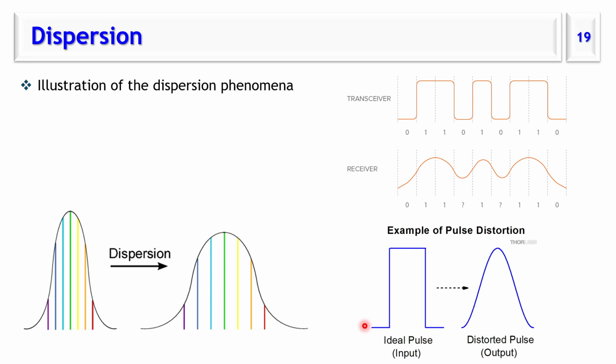The signal can start sharp like this at the receiver. After a time it will spread. When it spreads, it causes intersymbol interference. This pulse is supposed to occupy a certain period of time, but now it is occupying more, which means it will interfere with the symbol after and the symbol before, causing intersymbol interference.